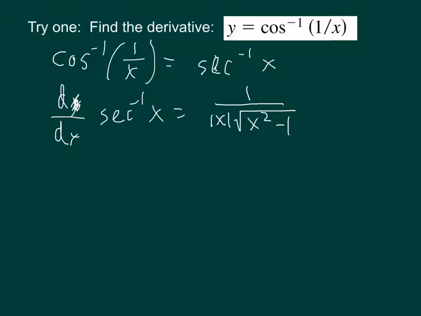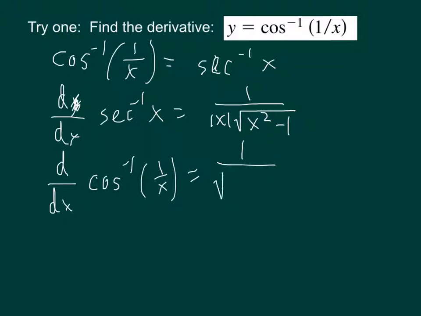Another way you could do this is knowing the derivative of the inverse cosine, and using the chain rule, is equal to 1 over the square root of 1 minus x squared. It's cosine, so it's got to be the negative one.